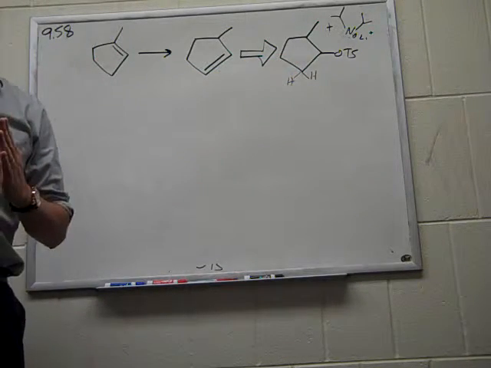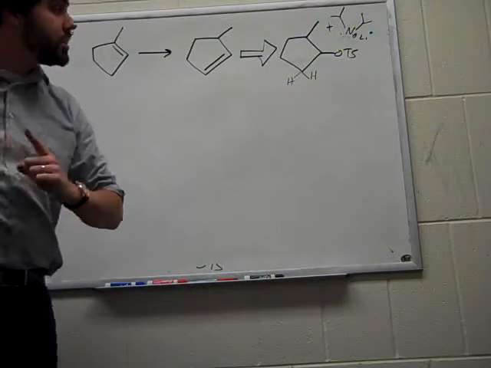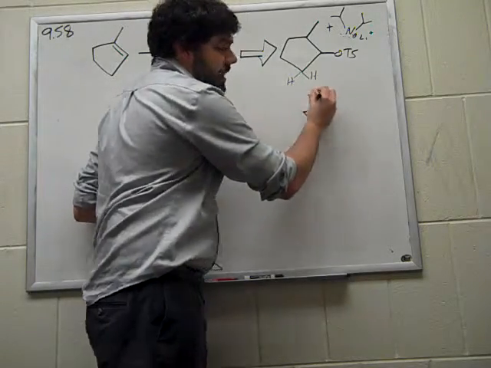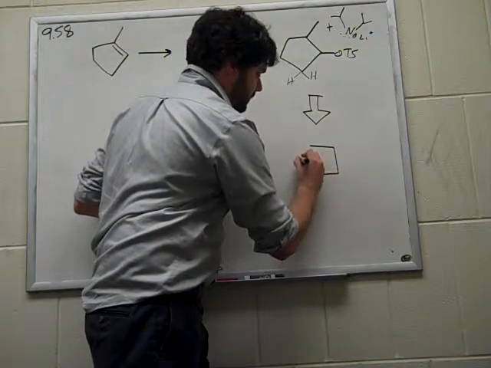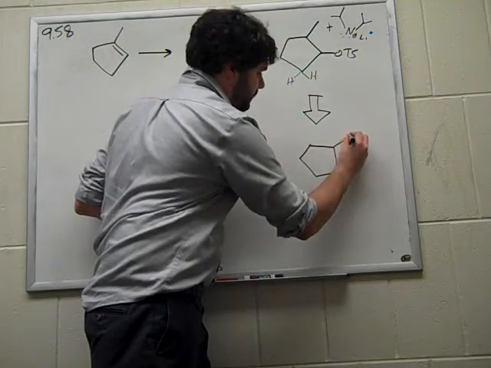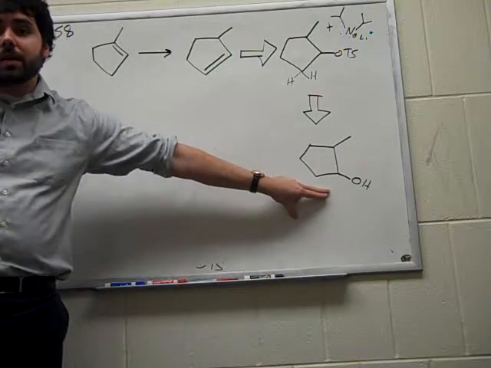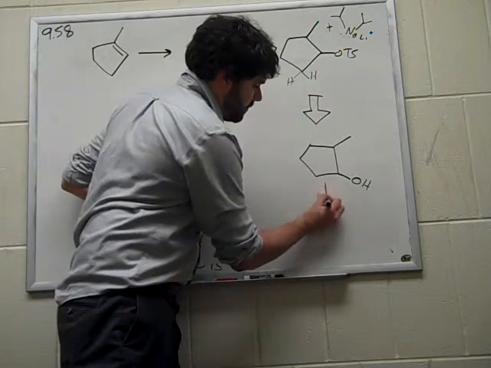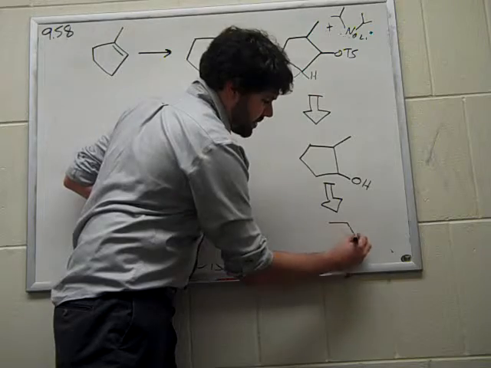It turns out that while making a tosylate is a little tough, we do know how to make an alcohol. So let's simply say that perhaps instead of directly making the tosylate, we make the alcohol instead, which we can then make via anti-Markovnikov addition to our starting alkene.